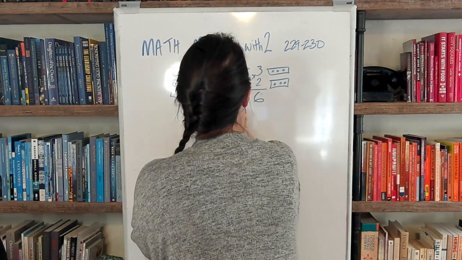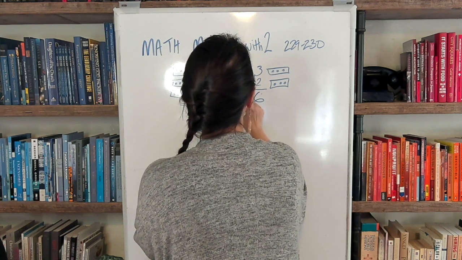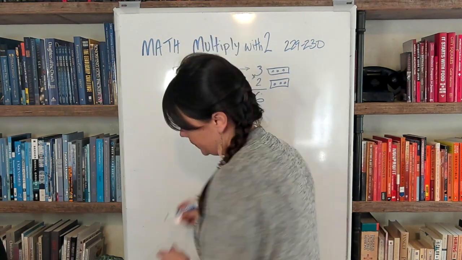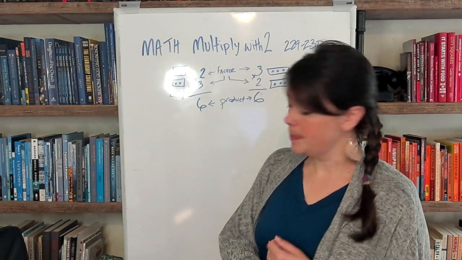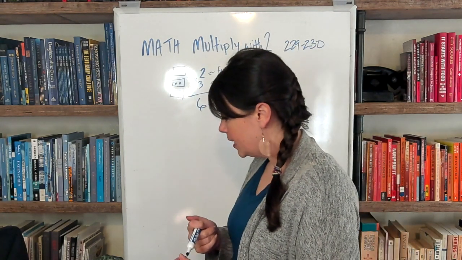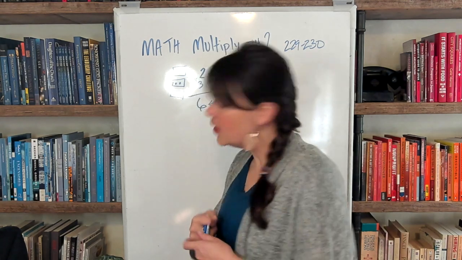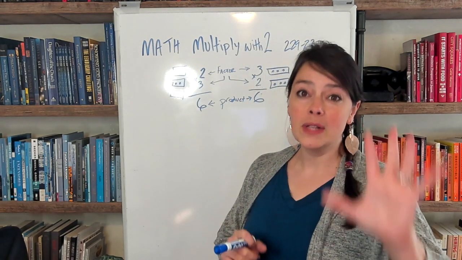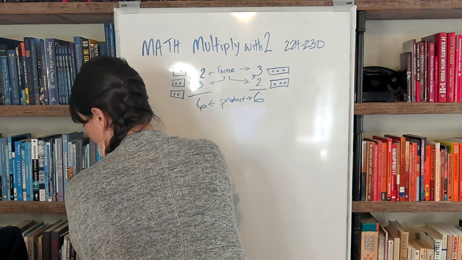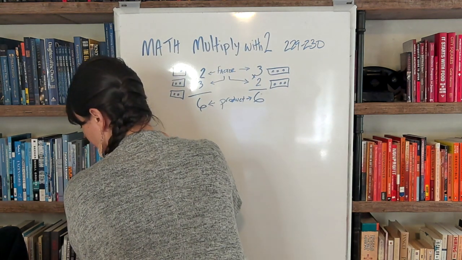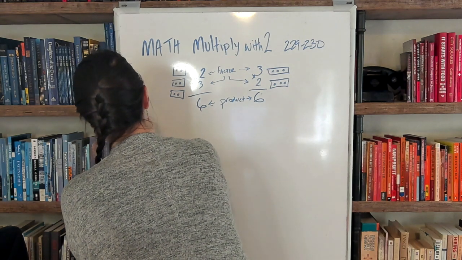Let's look at a few things that will be on the bottom of your worksheet, or on the back of your worksheet. They're going to ask you to skip count by twos, which you're good at. And then they're asking you to write the related multiplication fact. So for example, this is number 7.